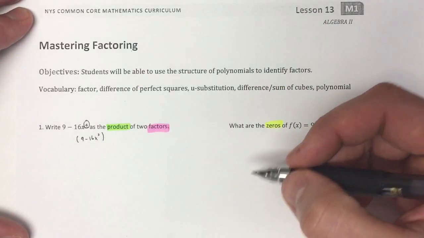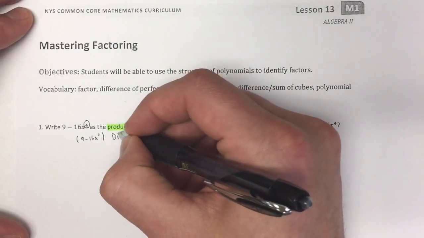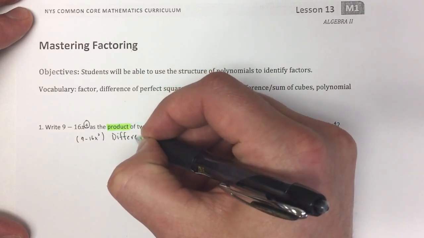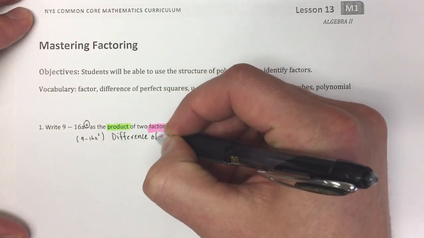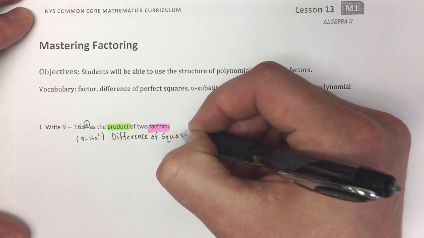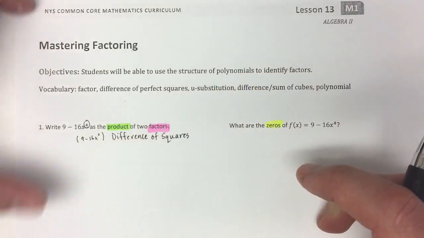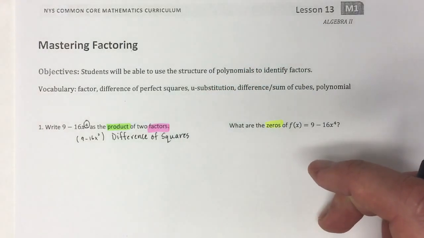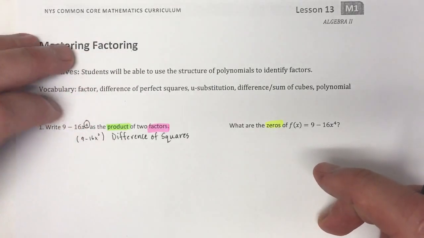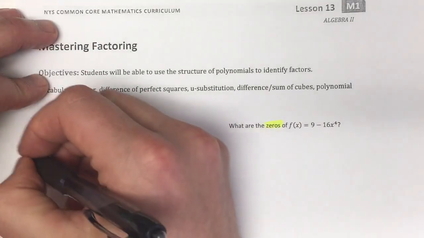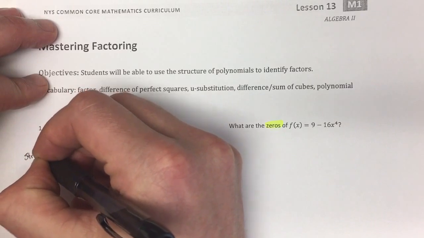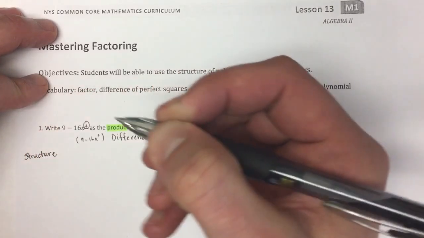And what that truly reminds me of is difference of squares. So as you look at this and think, wow, that really looks like difference of squares, this is what we mean by structure. What is the structure of difference of squares?